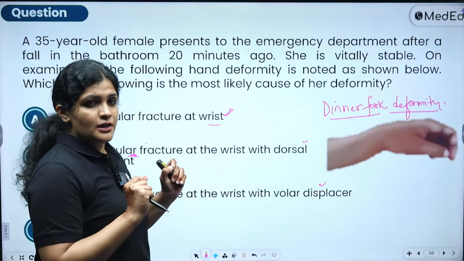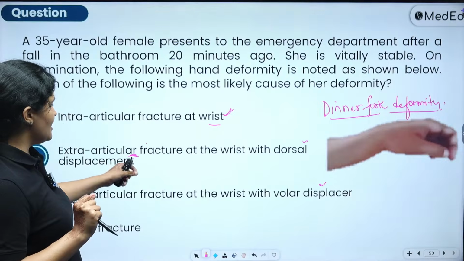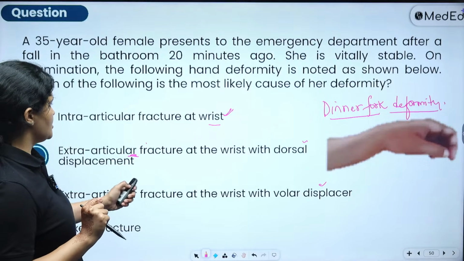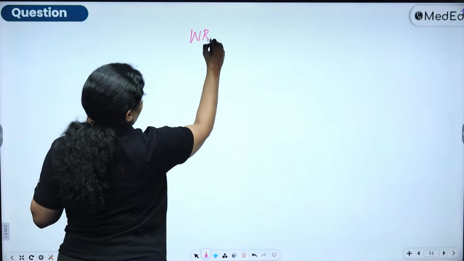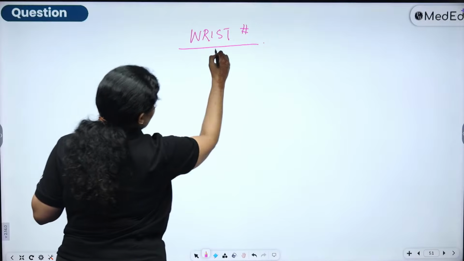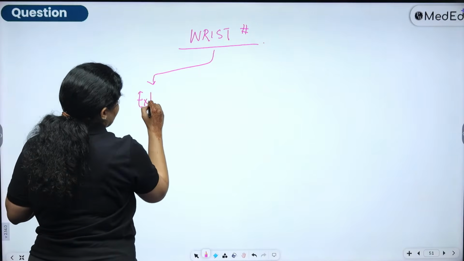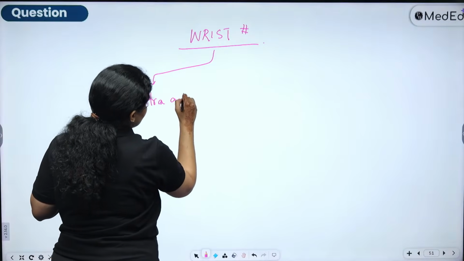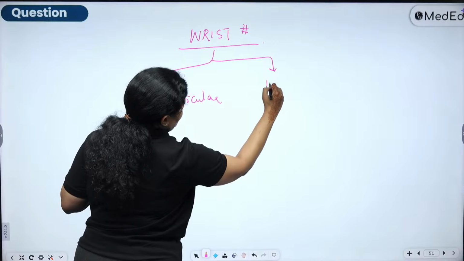Here, Srish has answered that it is an extra-articular fracture at the wrist with dorsal displacement. Whenever we are dealing with wrist fractures, you have to see whether it is an extra-articular fracture or an intra-articular fracture.